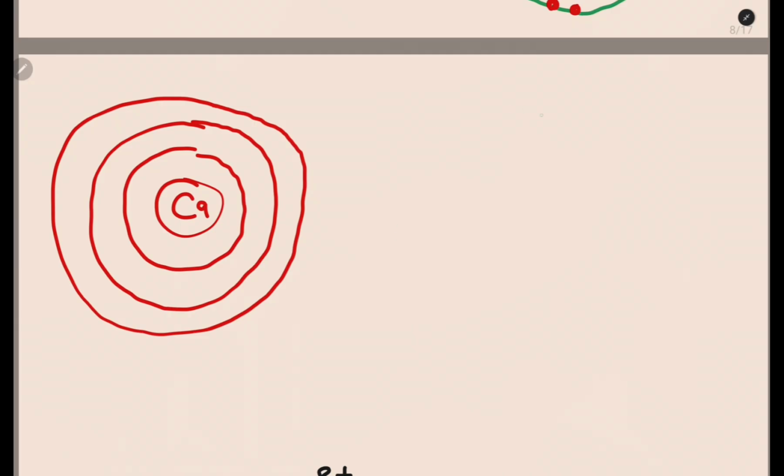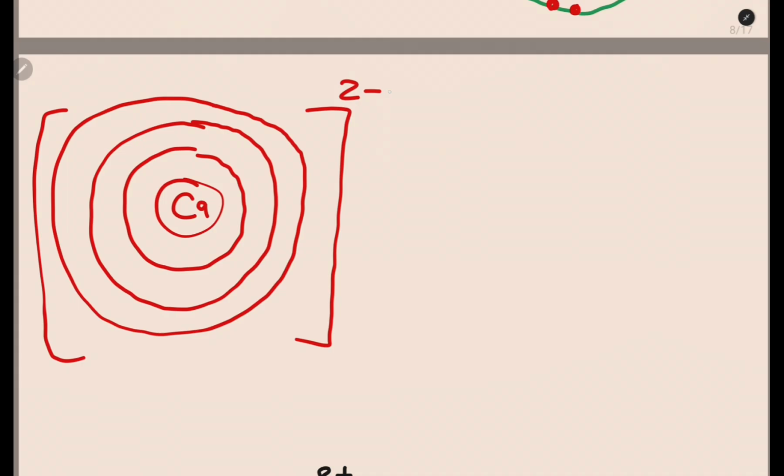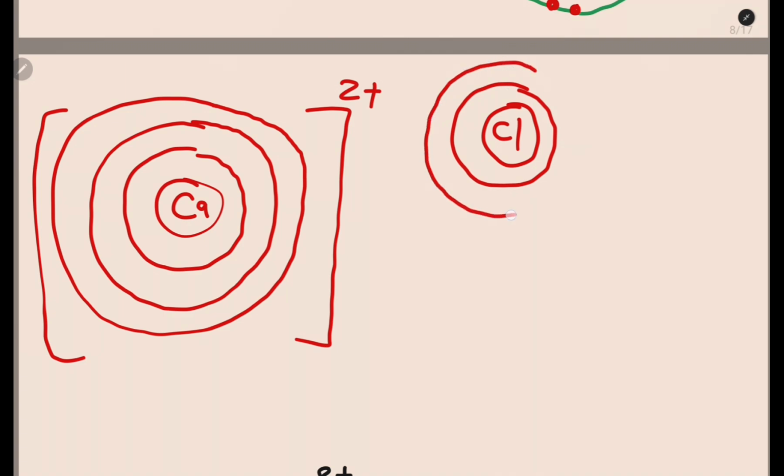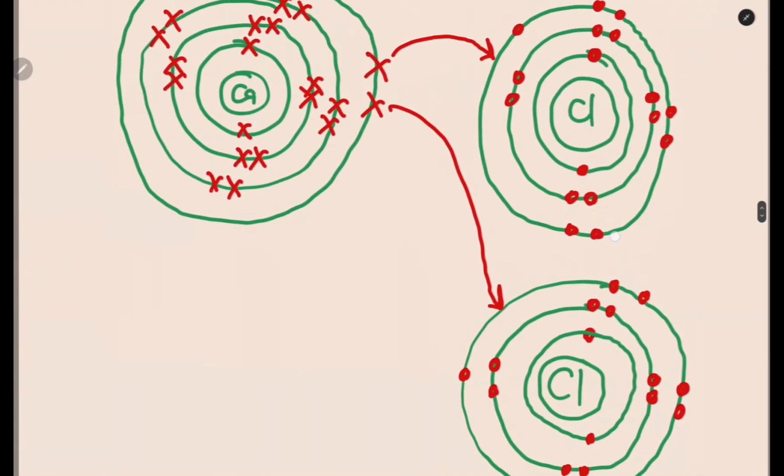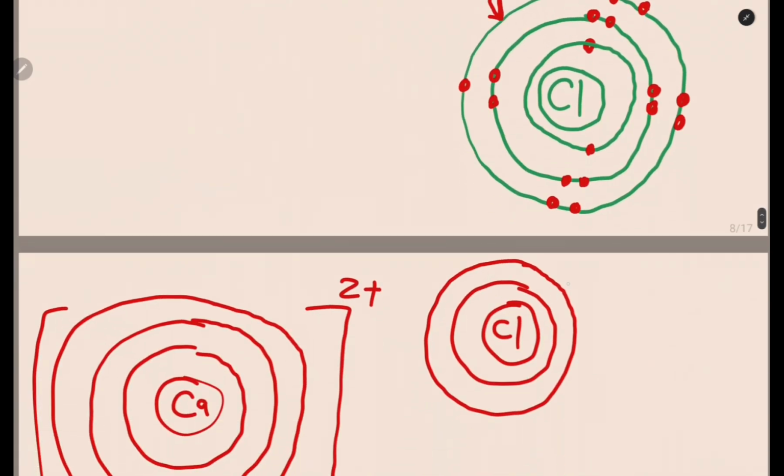Then for chlorine, so this one I can put it in these in advance and put positive. Then for chlorine, I can put chlorine here. How many shells of chlorine? Each is going to have, is it 3 shells? 1, 2, 3. So each is going to have 3 shells, yes.